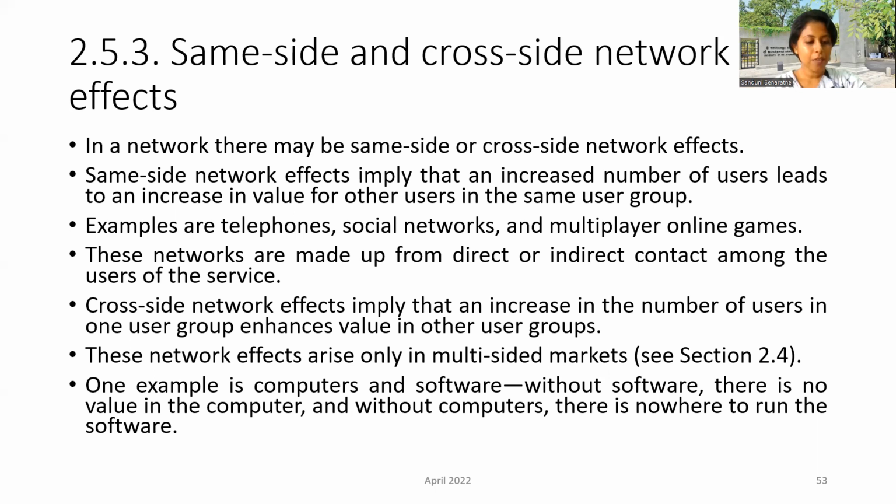On the other hand, when more and more computers come into play, the software value also increases, because the number of devices on which the software can be run increases. So that is a cross-side network effect. That is the difference between those two types.